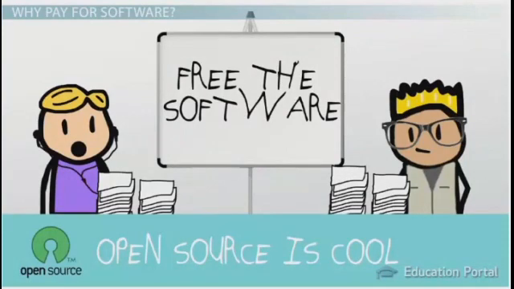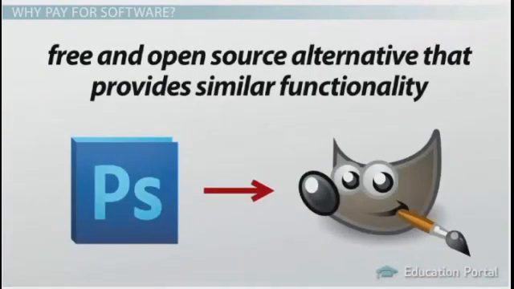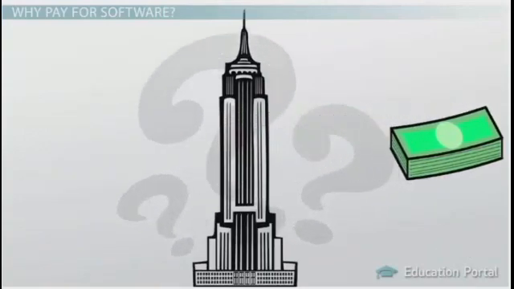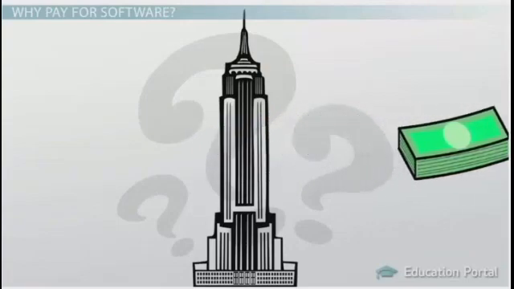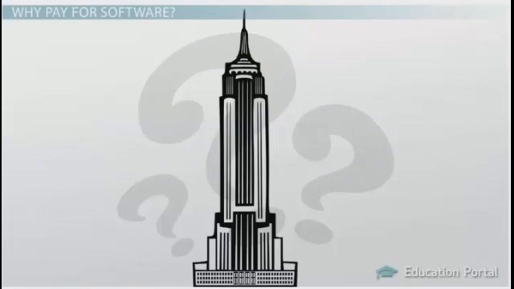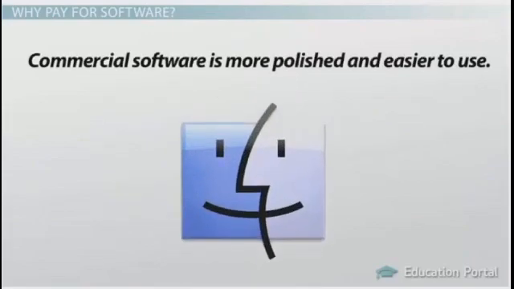Think of any proprietary software application, and there is likely a free and open source alternative that provides similar functionality. If so much software is free, why do organizations keep paying for commercial software? There are a number of reasons, but some of the key reasons are: commercial software is often a little more polished and easier to use.